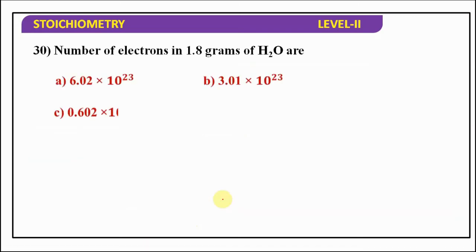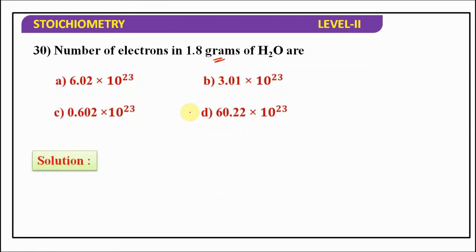Another important question: number of electrons in 1.8 grams of water, right? Number of electrons means number of moles into Avogadro number. Number of moles is weight by molecular weight.